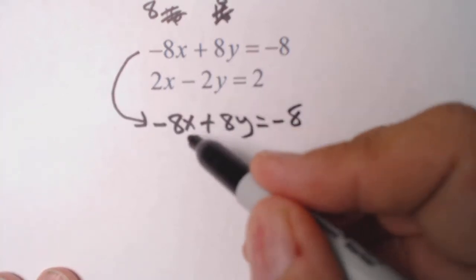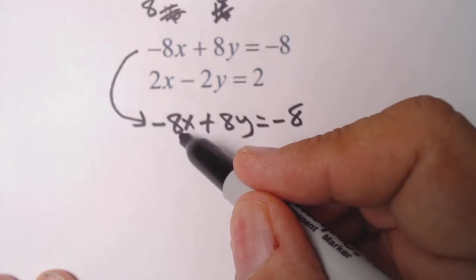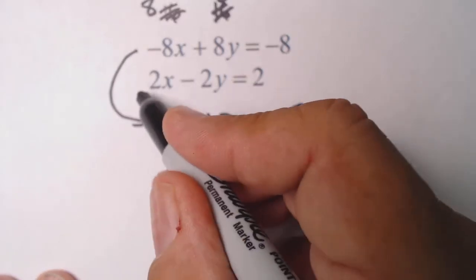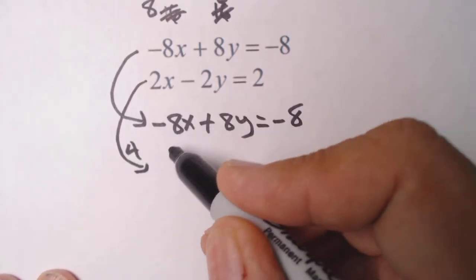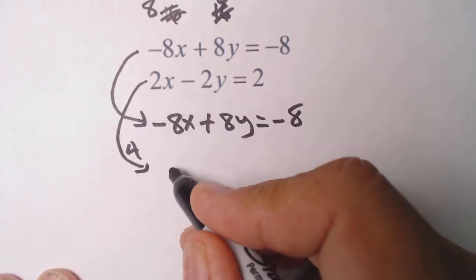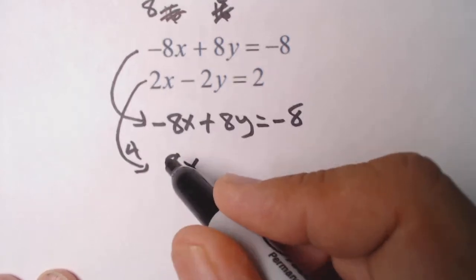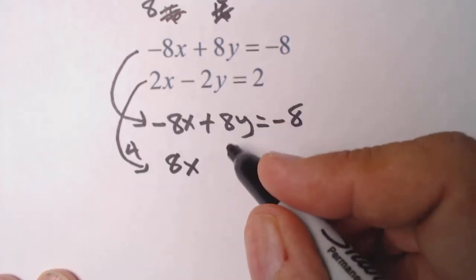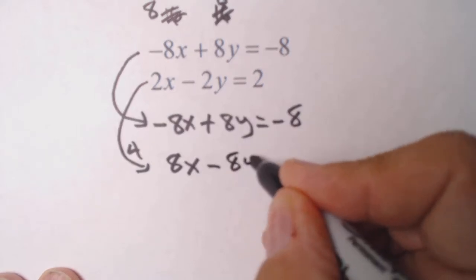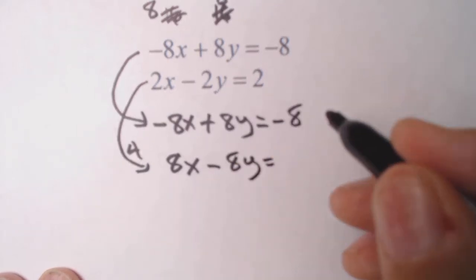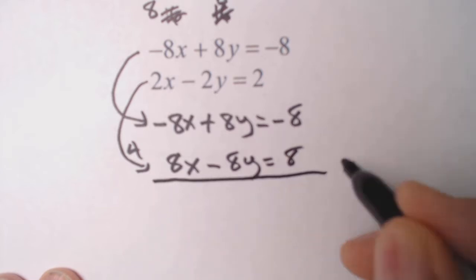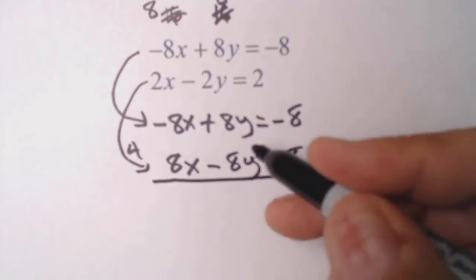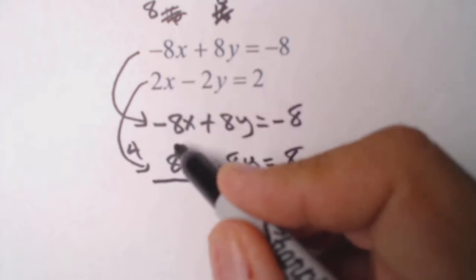Okay, now, since this is negative 8x, I've got to make this positive 8x. What do you have to multiply 2 by? Well, it's going to be 4. So 4 times 2x is positive 8x. 4 times negative 2y, negative 8y. 4 times 2 is 8. Okay, here we go. Now, notice we wanted to eliminate the x's.